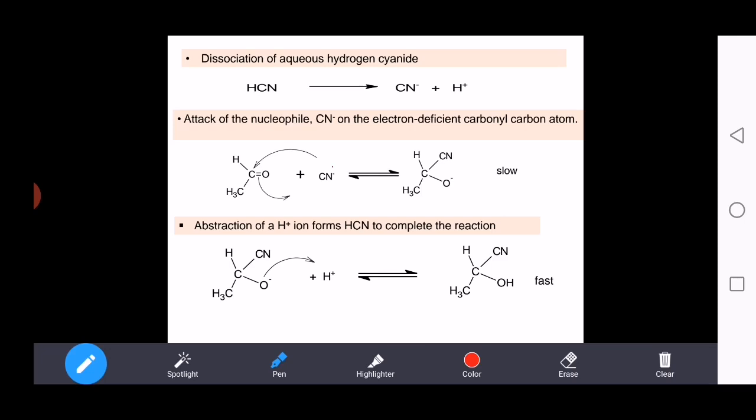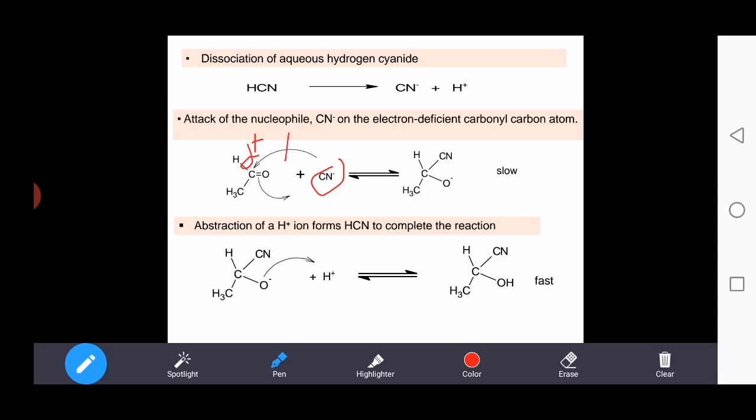So sekarang ni cyanide ion ni dia negatif kan, dia ada extra lone pair. Okay, charge negative. So dia akan attack carbon yang attach dengan oksigen tu. So that carbon yang ni dia partially positive tau ni. Partially positive.